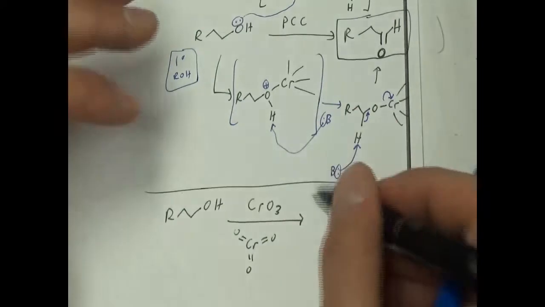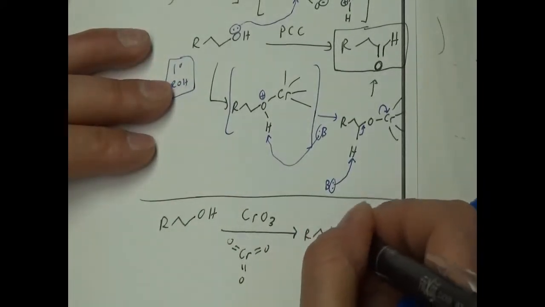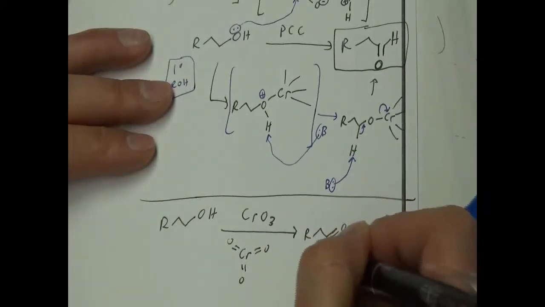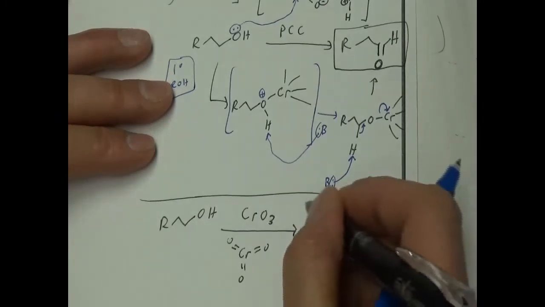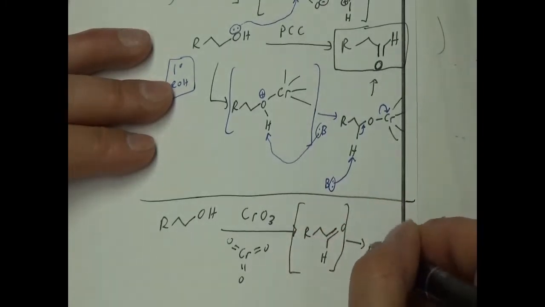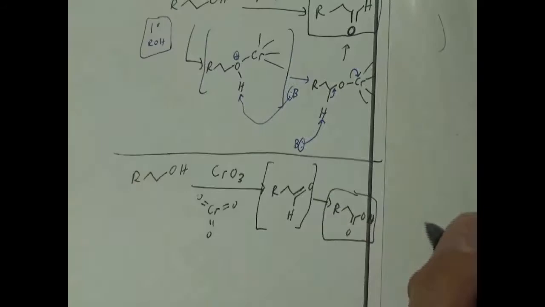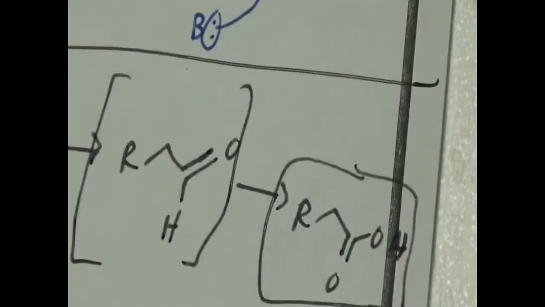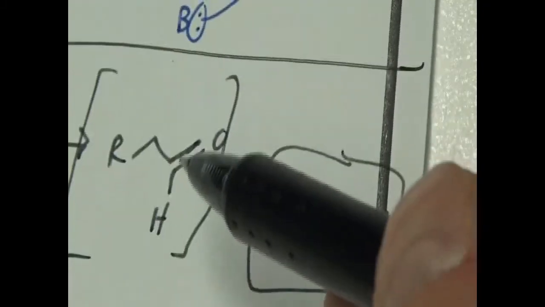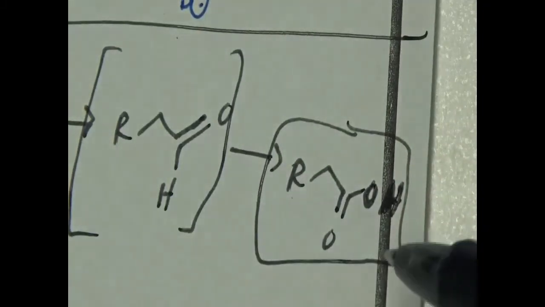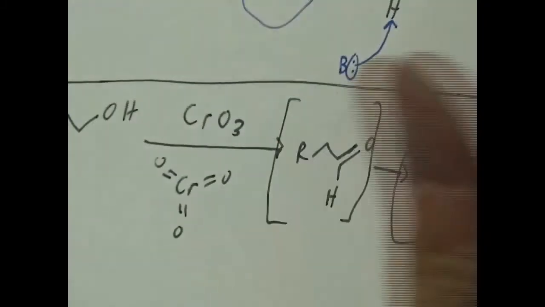But the problem is that it makes the aldehyde, but then continues and makes the carboxylic acid. Okay, so that's an OH. Sorry, there we are. It's a carboxylic acid drawn in there. Okay. So that's a problem. If you want the aldehyde and not the carboxylic acid, then you don't want to use CrO3.